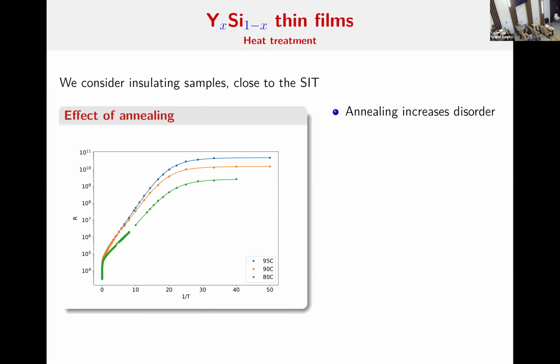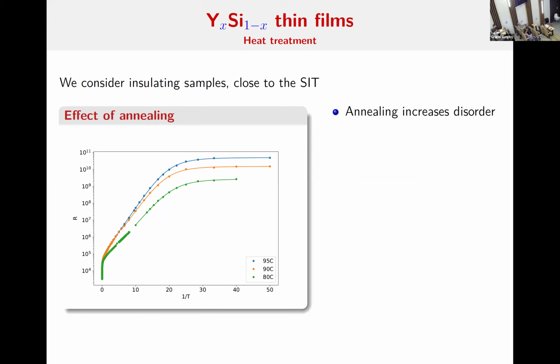But for the experiment I'm going to show, it is important to be activated, because then it's easier to reach. The same should occur if you have variable range hopping, so non-activated behavior. But in this case, by an easy calculation, the temperature where you see this effect is much lower, much more difficult to reach.